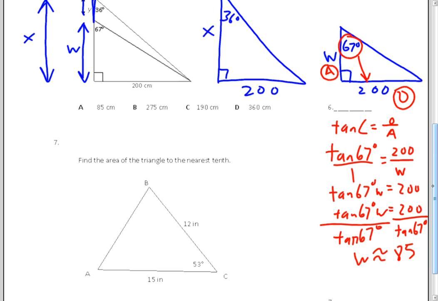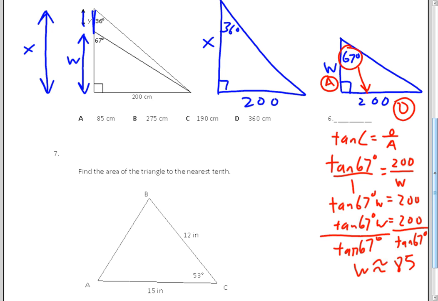Is everybody using tangent? Since the setup is the same in both triangles, you're going to use tangents again, or twice. It looks like the variable always ends up on the bottom, which means you end up doing a little bit of division.